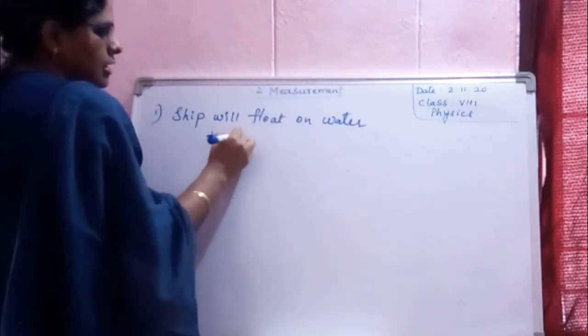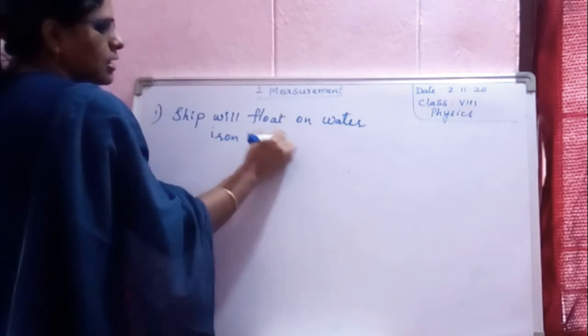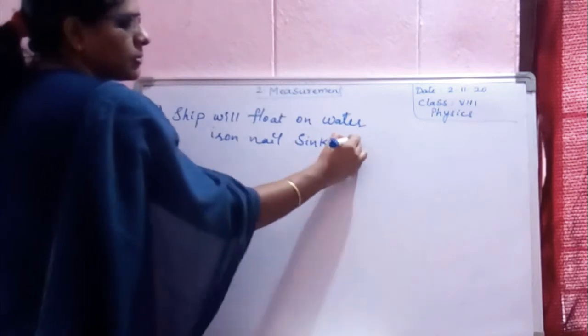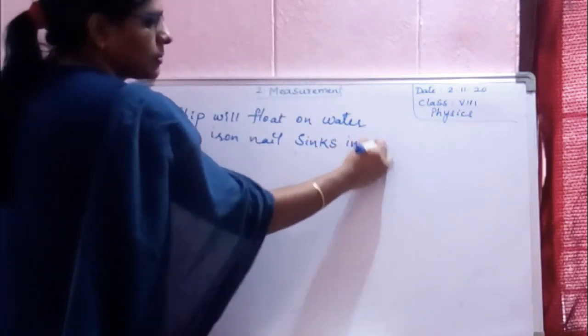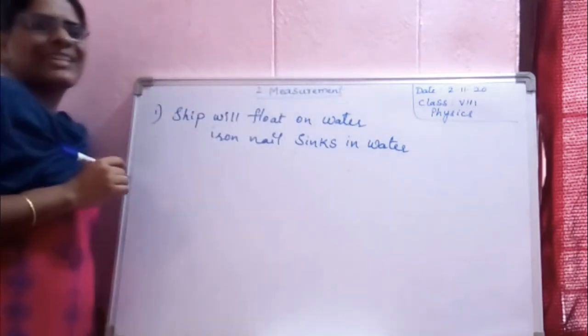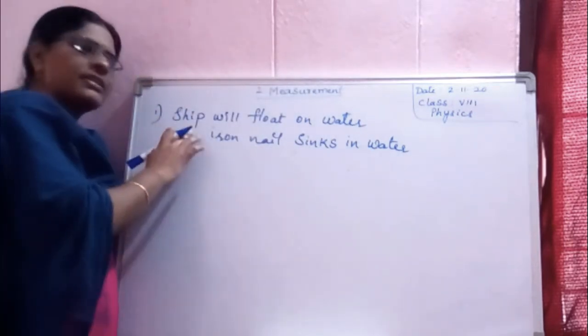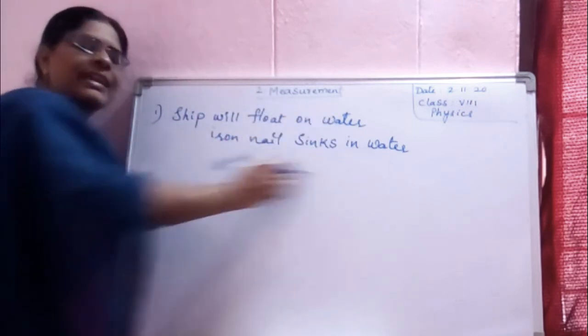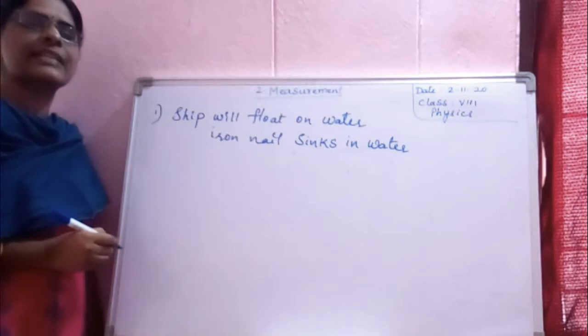Iron nail sinks in water. Your example is, why does a ship float on water and an iron nail sinks in water?